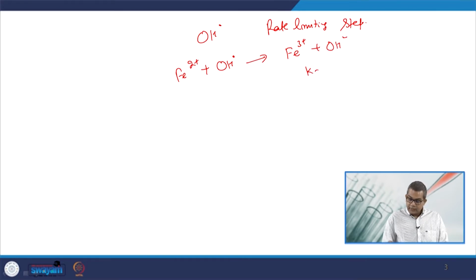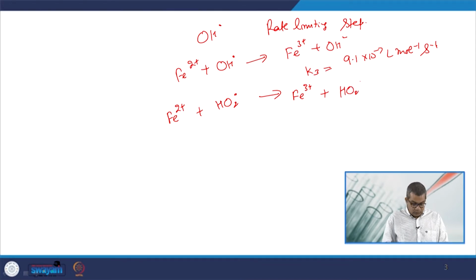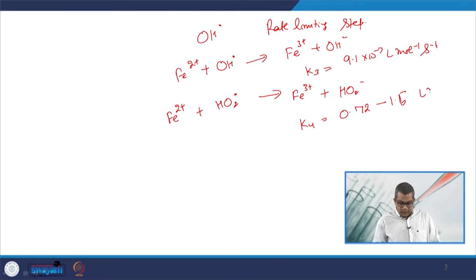Now, here the rate constant is K3, 9.1 into 10 to the power minus 7. Right. Now, another reaction is Fe2+ plus HO2 radical giving Fe3+ plus HO2-. Now, here the rate constant can be written as 0.72 to 1.5 mole inverse.